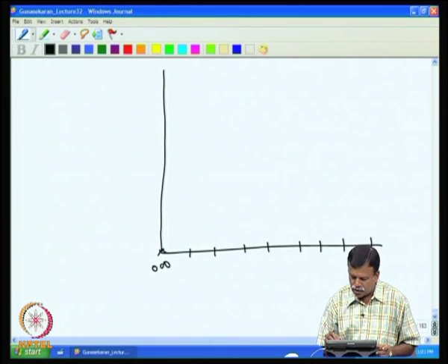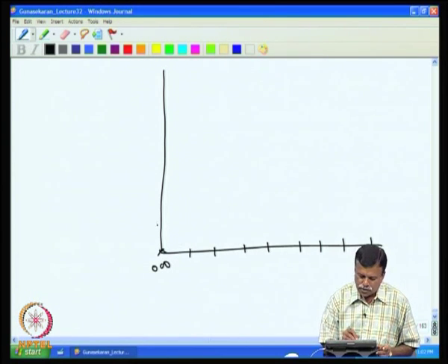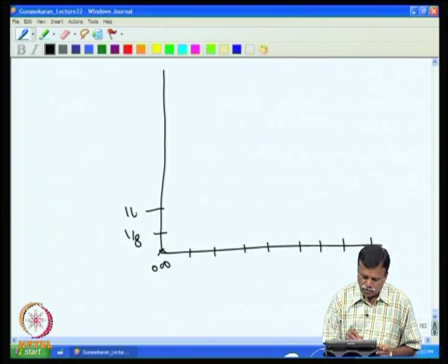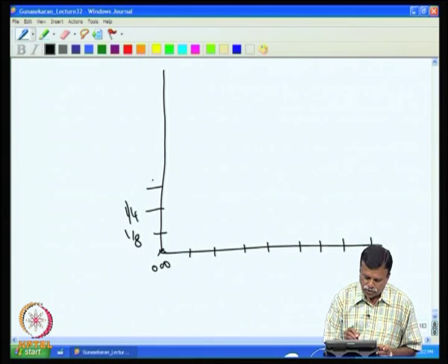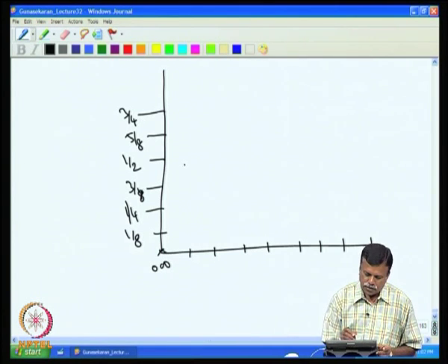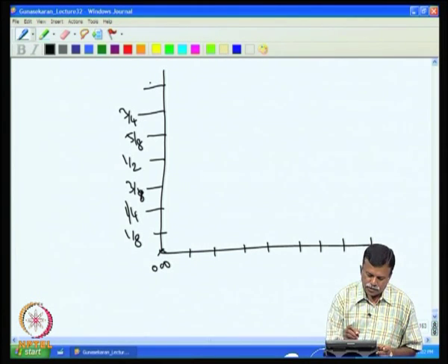Assume this is 1 1 1, then we have here 1 by 8, 1 by 4, then 3 by 8, then 1 by 2, 5 by 8, 3 by 4, then we have 7 by 8 and then full scale.